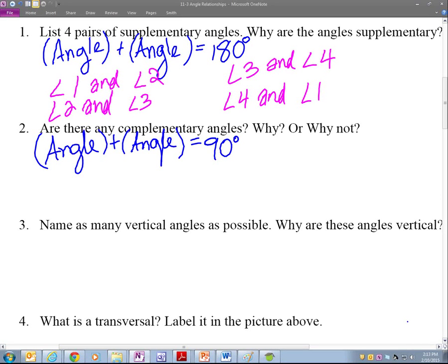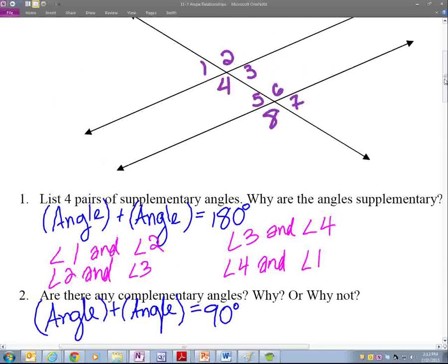Are there any angles that add up to 90 degrees in that transversal up there? 90 degrees looks like this. Okay, it's going to be an angle, and there's going to be a square on the inside of it. Are there any that even look like they might be?